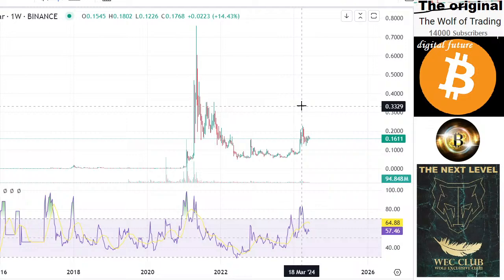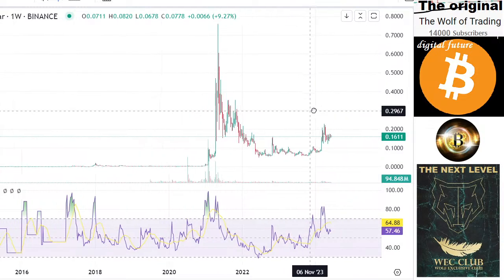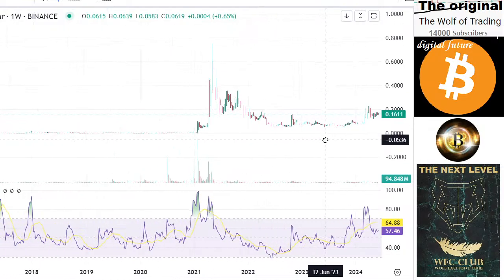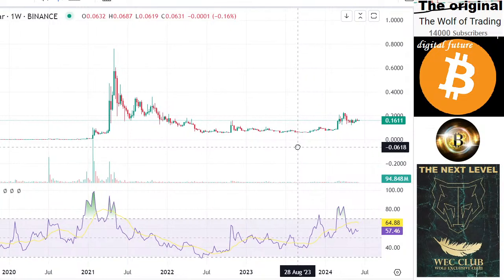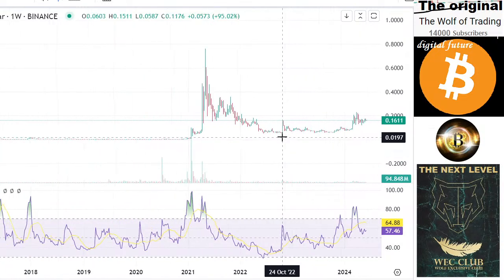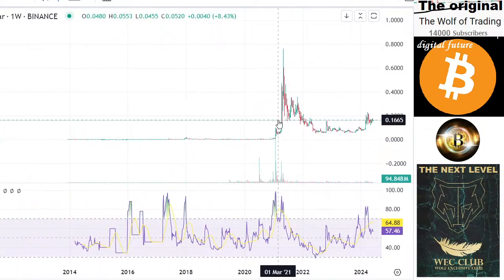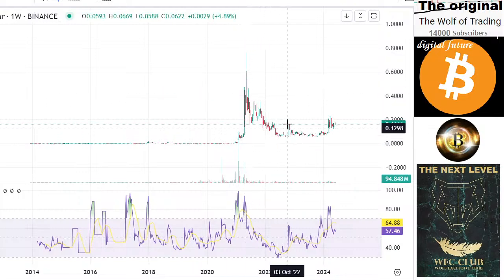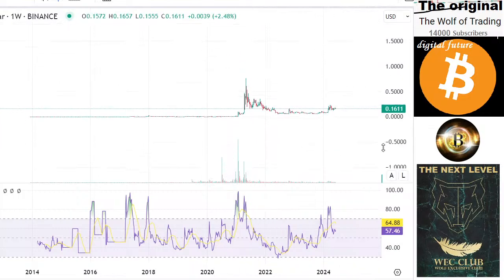So my favorite is Dogecoin. The reason why my favorite is Dogecoin is that the Dogecoin chart is highly manipulated. And if you see a chart that is highly manipulated, then you can be sure that the price of Dogecoin will fly.